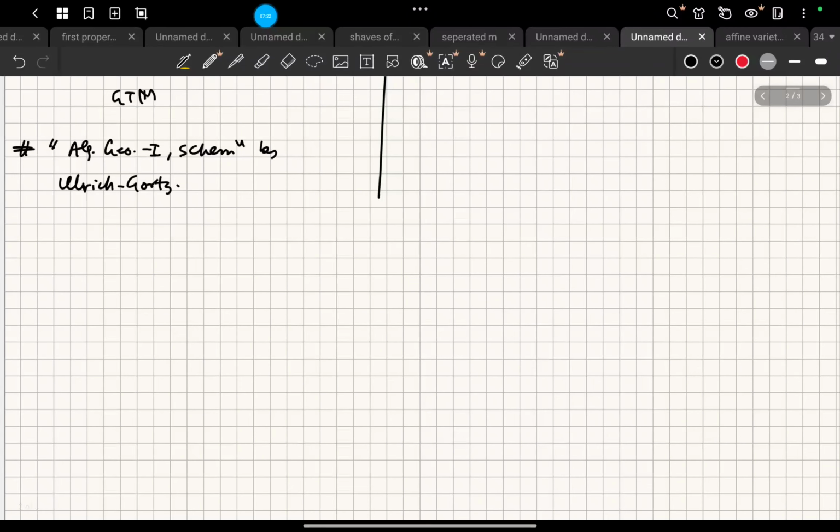And also you can have a look at Red book on algebraic geometry by David Mumford. Okay.